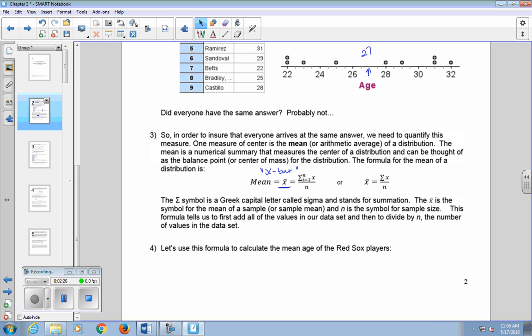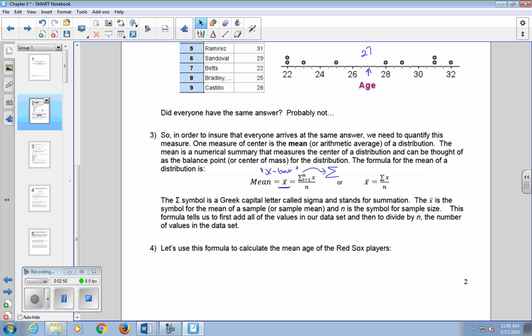That's our sample mean. We'll be seeing a lot of that from here on. And then we are looking at the summation notation that tells us that we're going to be adding up all of our data points and dividing by the total number of data points. And this is the formula for calculating an average.